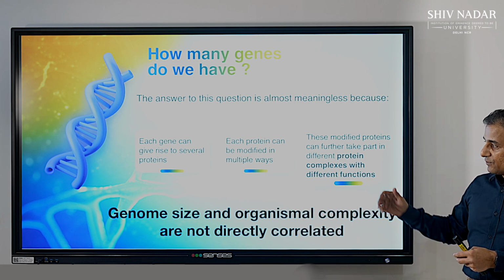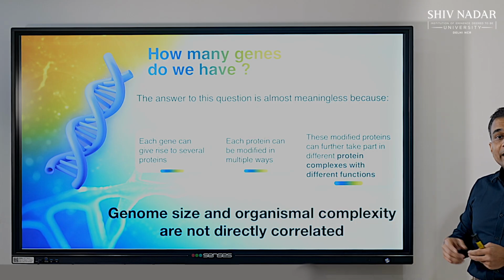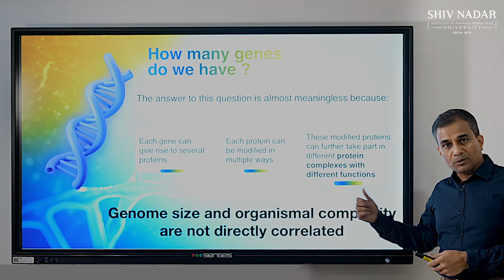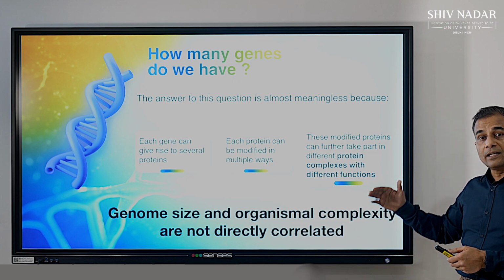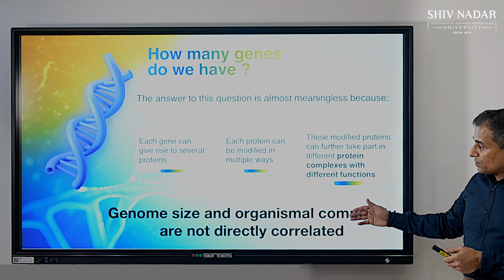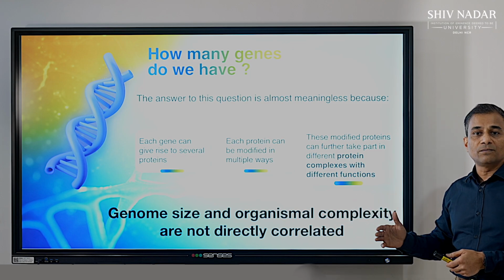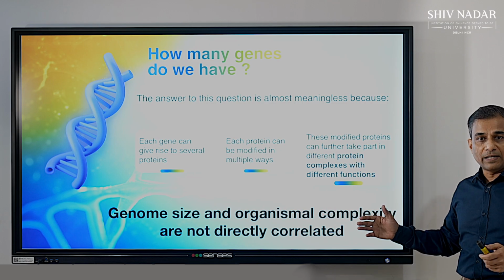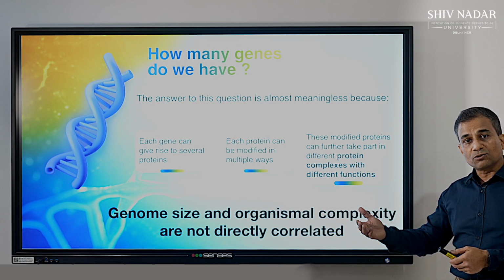Because of this, scientists have now come to appreciate that genome size and organismal complexity are not directly correlated. The reason I put this forward is to understand why it is important to think beyond the genome itself. There are genomes of multiple organisms that have been characterized, and it has been very clearly seen that the size of the genome does not necessarily give rise to the various complex phenotypes of an organism, the way the organism actually functions.